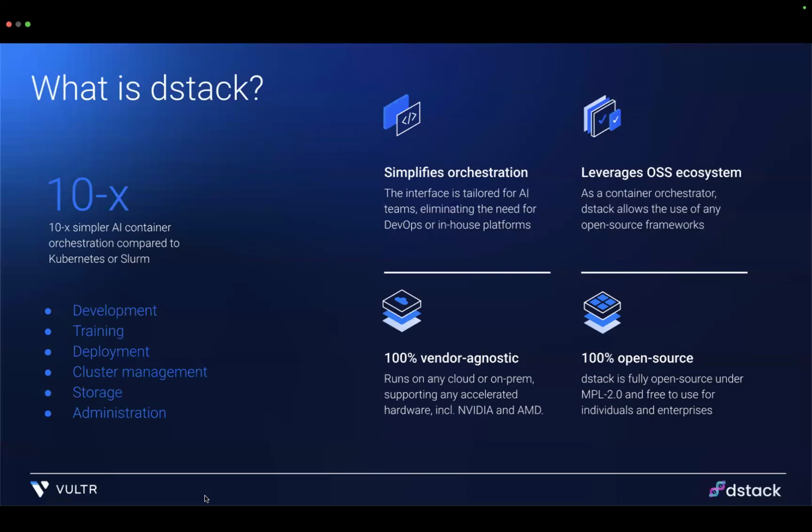Traditional orchestration frameworks such as Kubernetes or Slurm were designed in the pre-AI era. While they solve great the problem they were designed for, they have a number of significant limitations when it comes to running AI workloads.